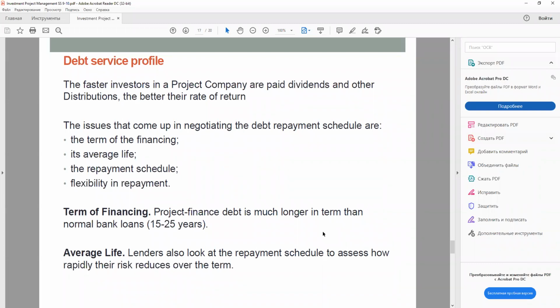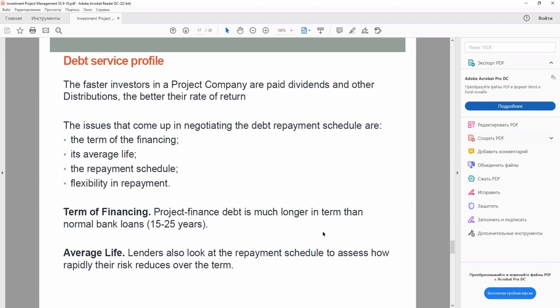So obviously, the lenders prefer to receive money back as soon as possible, not to wait for the end of the loan. And lenders may have an average life limitation, that is a maximum average life, as a part of their overall credit policy towards project finance loans.